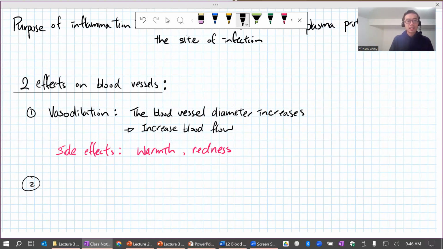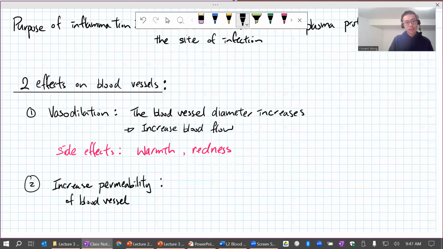So to make it easier for these things to get out of the blood vessels and start fighting off the pathogen in the tissue, you need to make it more leaky. So the second effect of histamine is it will increase permeability of the blood vessel.